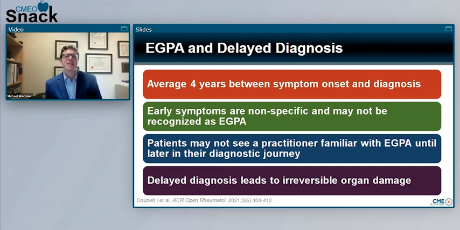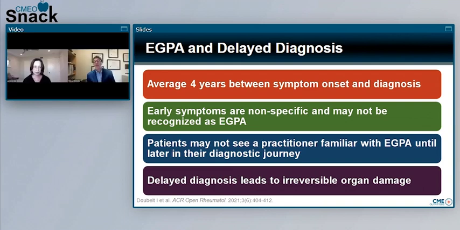And patients may not see a practitioner that's familiar with EGPA until later in their diagnostic journey. In general, one of the problems with this delayed diagnosis is that it can result in irreversible organ damage.